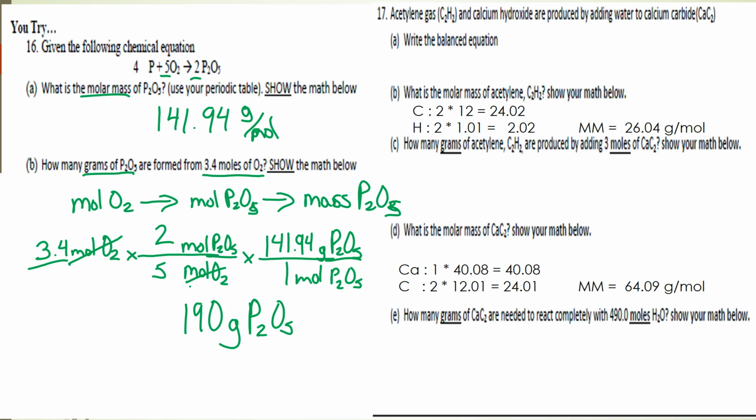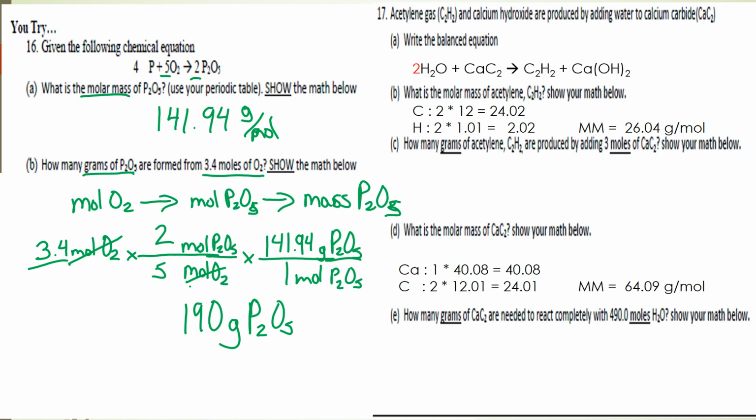All right, looking at the next one. So we had acetylene gas and calcium hydroxide are produced by adding water to calcium carbide. So my chemical reaction should look like this. It takes 2 moles of water for every 1 mole of calcium carbide. That forms acetylene, C2H2, and calcium hydroxide.